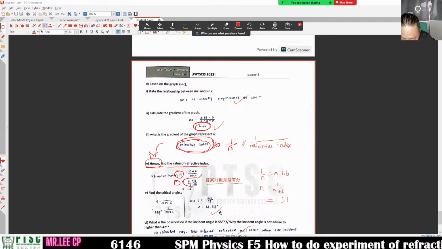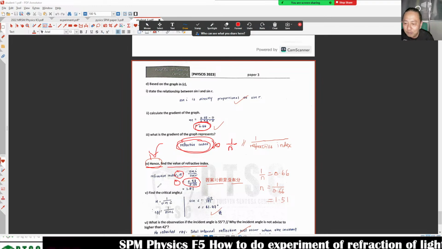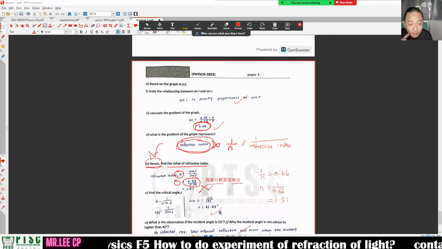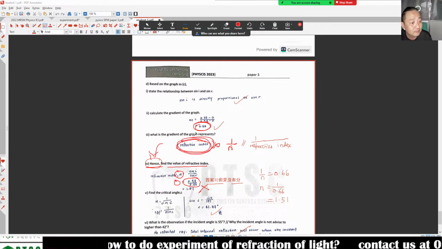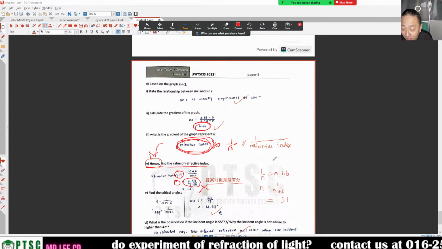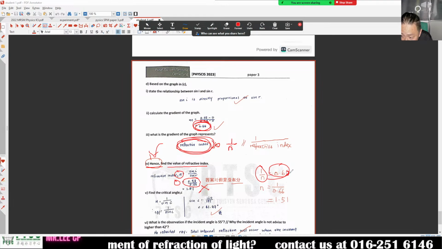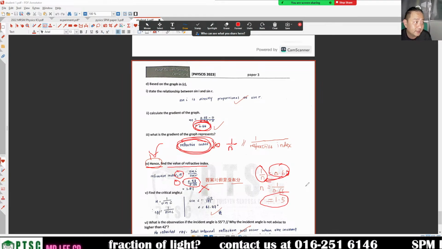I know you find the gradient and then invert it, I know, but you will not get the mark. Hence means you have to use the answer. They want to see whether you understand what this is. Meaning you have to use 1 over n is equal to my gradient. This one goes up, this one goes down. n is equal to 1.51. That's how you get it.